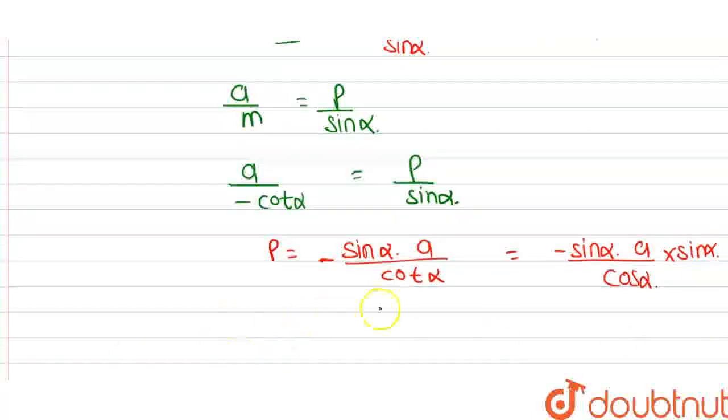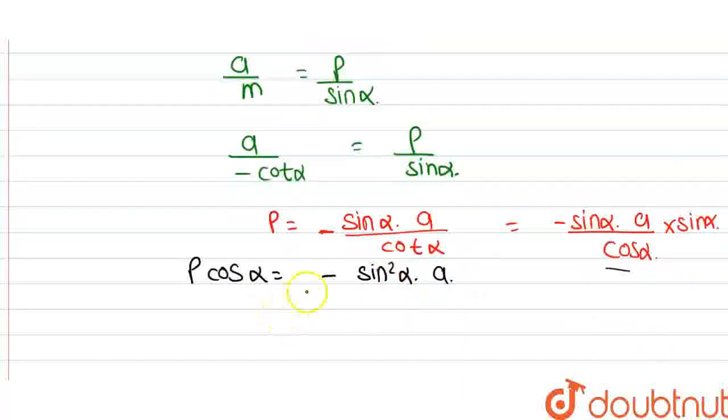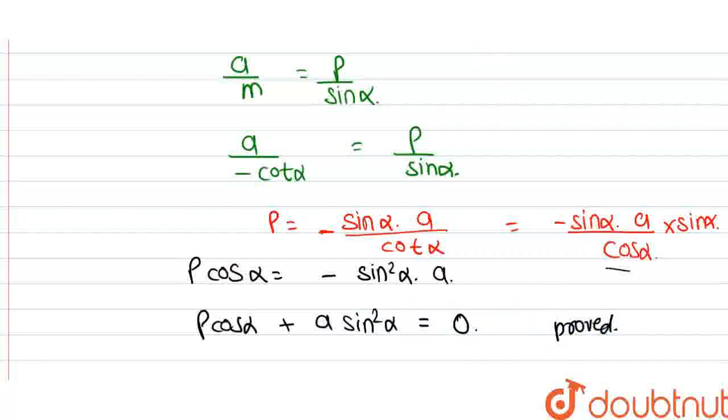So we can write this cos alpha multiplied with p. So we get p cos alpha is equal to minus sin alpha into sin alpha into a, that is minus sin square alpha into a. So p cos alpha plus a sin square alpha is equal to 0. That is what we had to prove in the question.